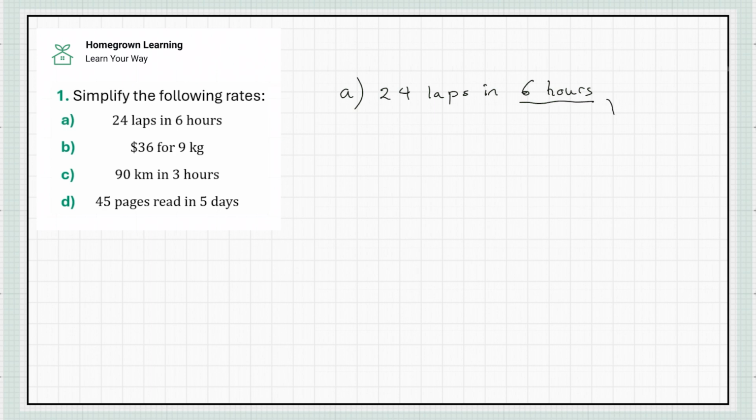So we're just going to divide both sides by this unit of 6. So 6 divided by 6 will just be 1. And then 24 divided by 6 will just be 4. Right, so we've got 4 laps in 1 hour.